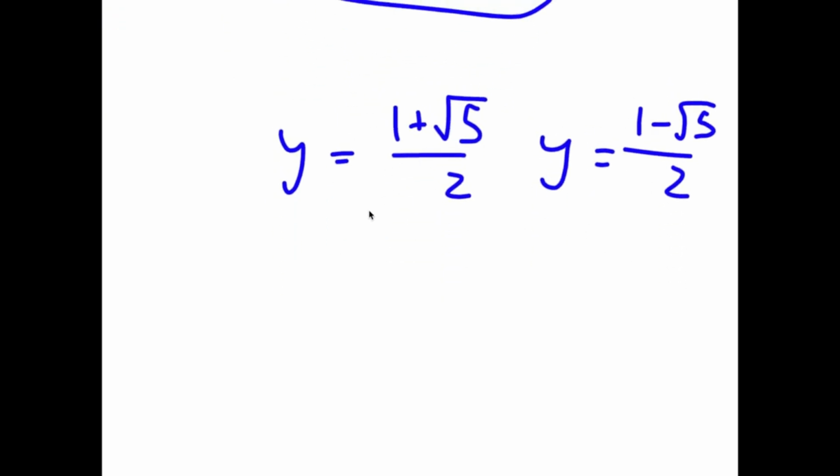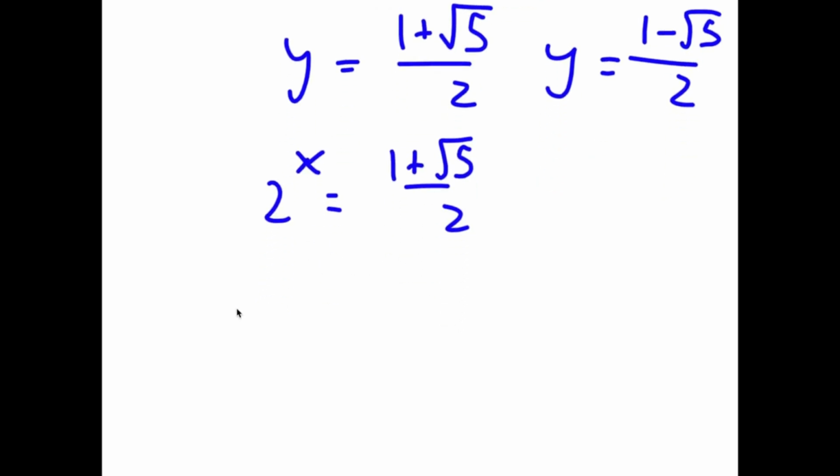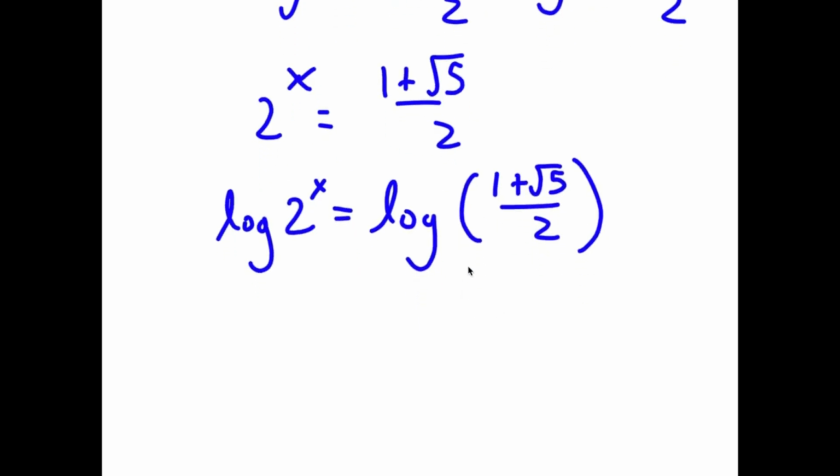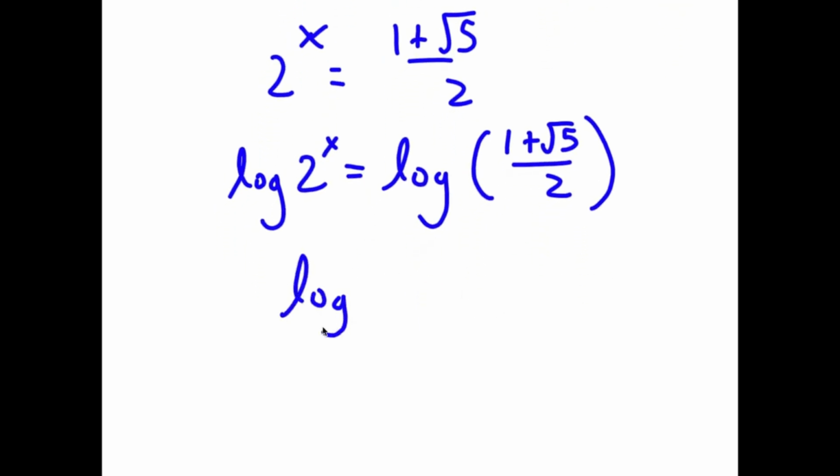So for y equals (1 plus the square root of 5) over 2, I have 2 to the power of x is equal to (1 plus the square root of 5) over 2. And if I take the log on both sides, I have log of 2 to the power of x is equal to log of (1 plus the square root of 5) over 2. And if I have something in the form log a to the power of b, I can move my exponent to the front, so this is equal to b times log a.